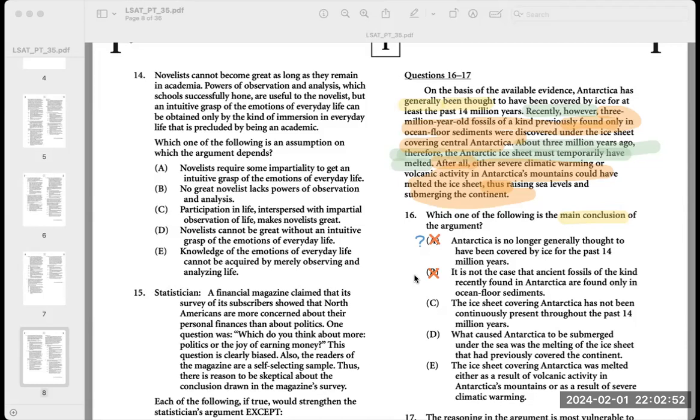I don't like D better than C. How do I articulate why? What caused Antarctica to be submerged under the sea was the melting of the ice sheet that had previously covered the continent.